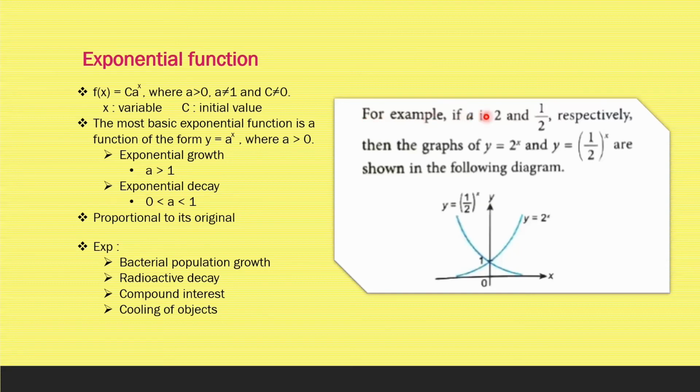For example, if a is 2 and 1/2 respectively, then the graphs of y = 2^x and y = (1/2)^x are shown in the following diagram. Exponential models are used in the study of population growth, radioactive decay, compound interest, cooling of objects, and growth of phenomena such as viral infection and internet usage.